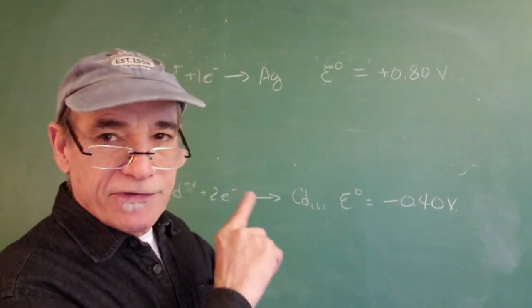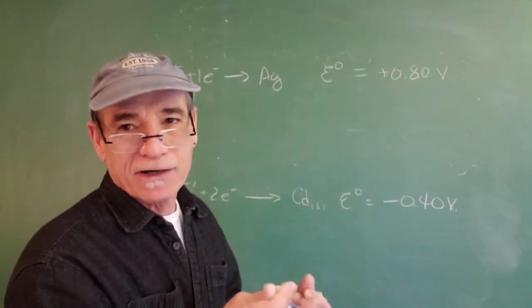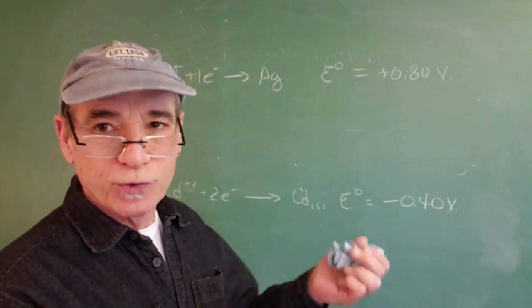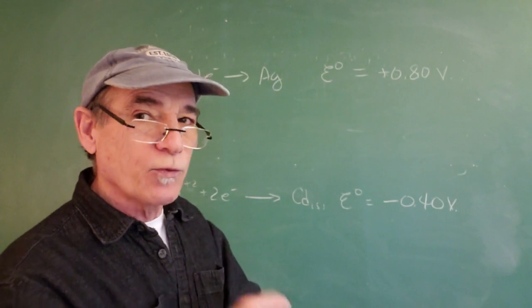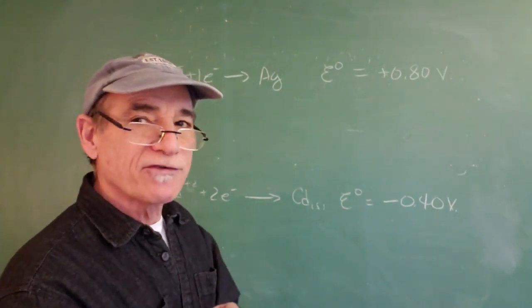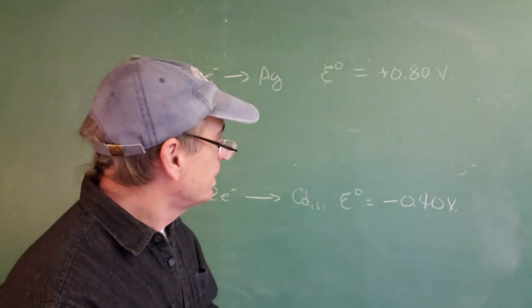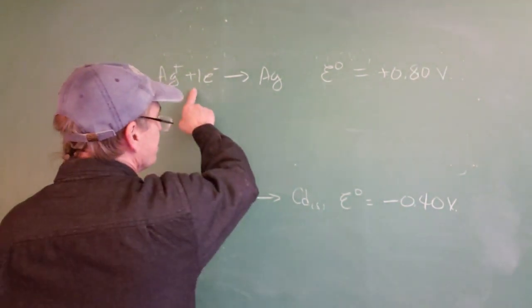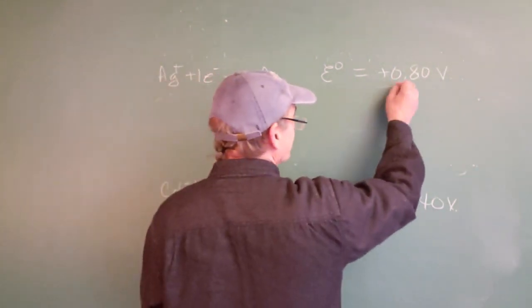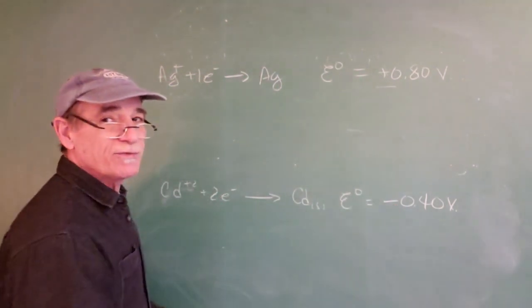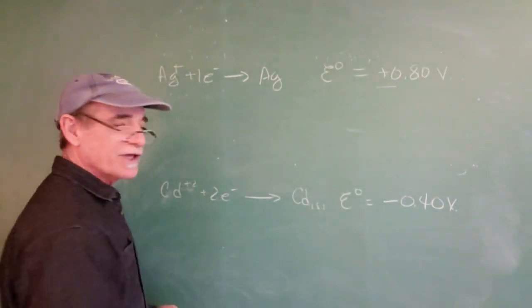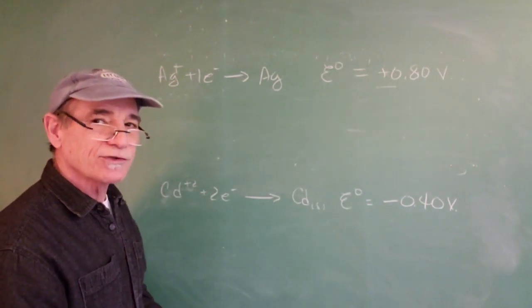Both of these are listed in the table as reductions, but I know my battery is not going to be composed of 2 reductions. There's got to be an oxidation and a reduction. And I want the voltage to come out positive when I add these two together. Well, it appears that this one likes to be reduced because it's got a nice positive voltage, but the cadmium does not like to be reduced. So it seems logical, let's reverse this one. Let's make the cadmium the oxidation.